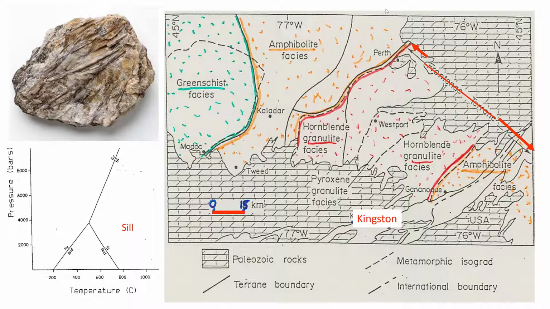Here's an example showing Kingston, where just north of Kingston, in the Frontenac terrane, we find ourselves in the hornblende granulite facies. And if you remember from the last slide, the granulite facies is at a high enough temperature and pressure where sillimanite is the only aluminosilicate mineral that will form.